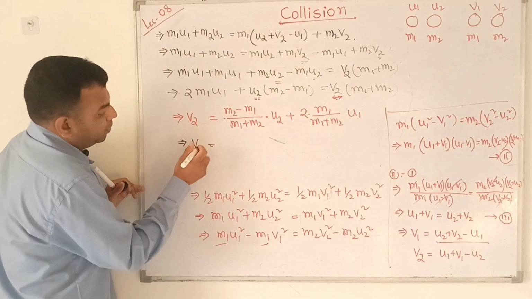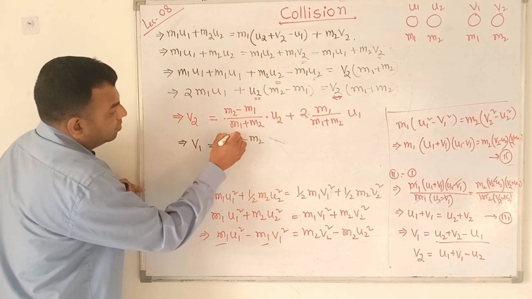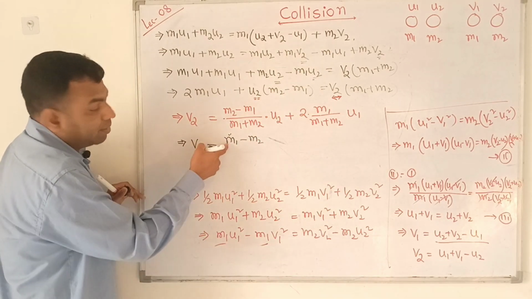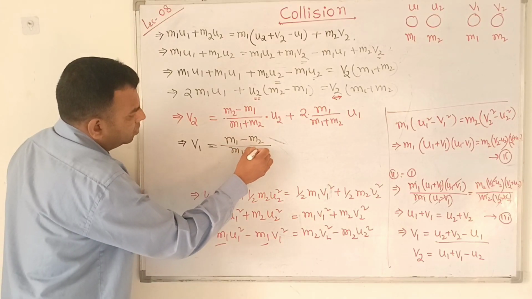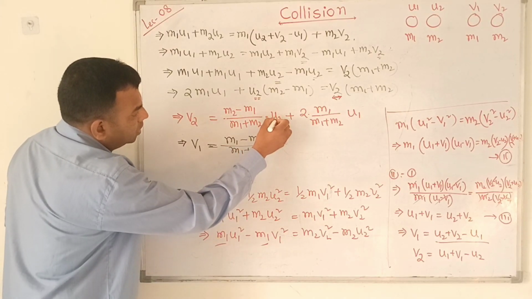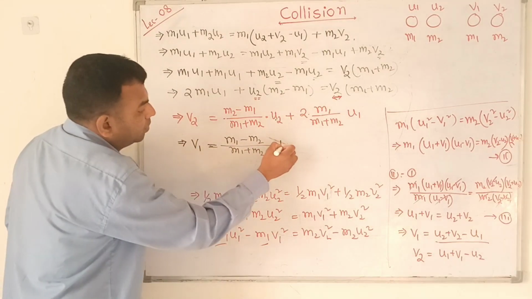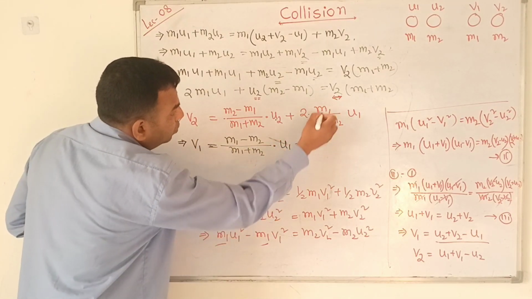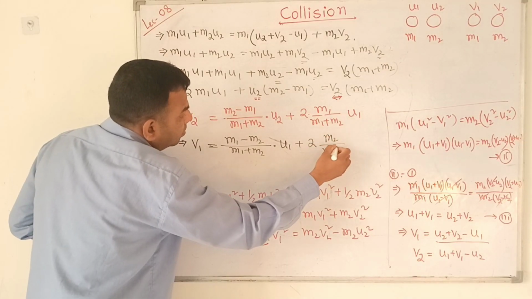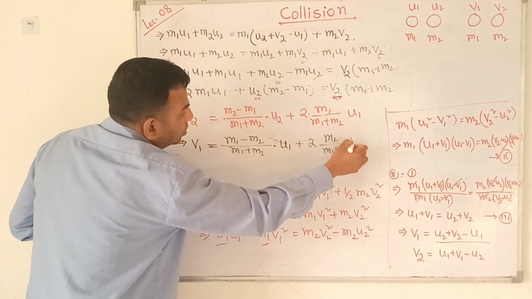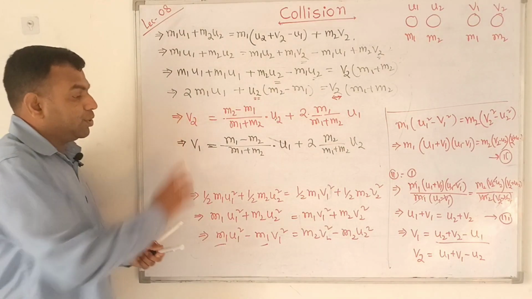Since b1 is dominant, m1 minus m2 will be there, with m1 dominating, and the denominator will be the same, m1 plus m2, and here it will be u1, and then plus 2 into, here it will be m2 instead of m1, and the rest is the same, m1 plus m2, with the 2 in the numerator. So this is the value of b1 and b2.